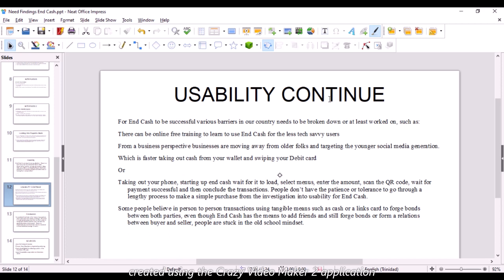Investigation into usability for Encash: some people believe in person-to-person transactions using tangible means such as cash or a Linx card to forge bonds between both parties, even though Encash has the means to add friends and still form relations between the buyer and the seller. People are stuck in the old school mindset.